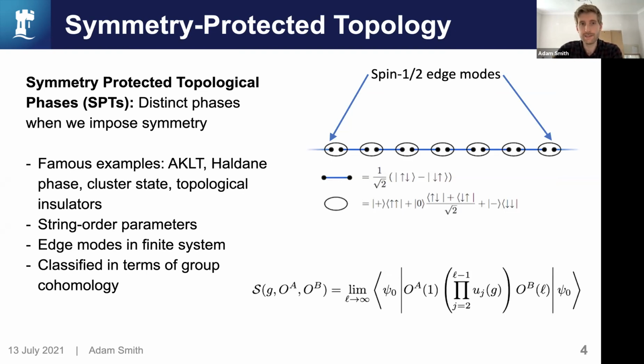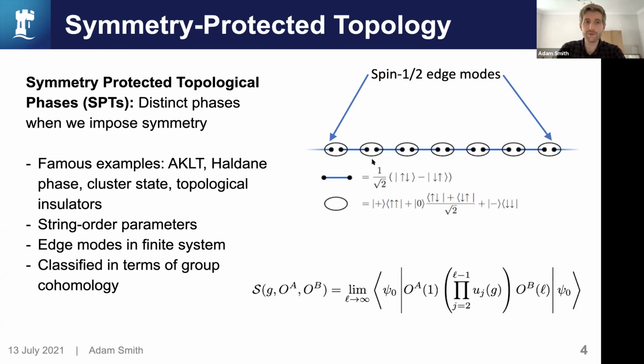So the idea here is that we can have phases that on the face of it are trivial, but if we have a symmetry, then they can split into distinct SPT phases. The symmetry is protecting these phases, and if we break the symmetry, then these phases are no longer distinct.